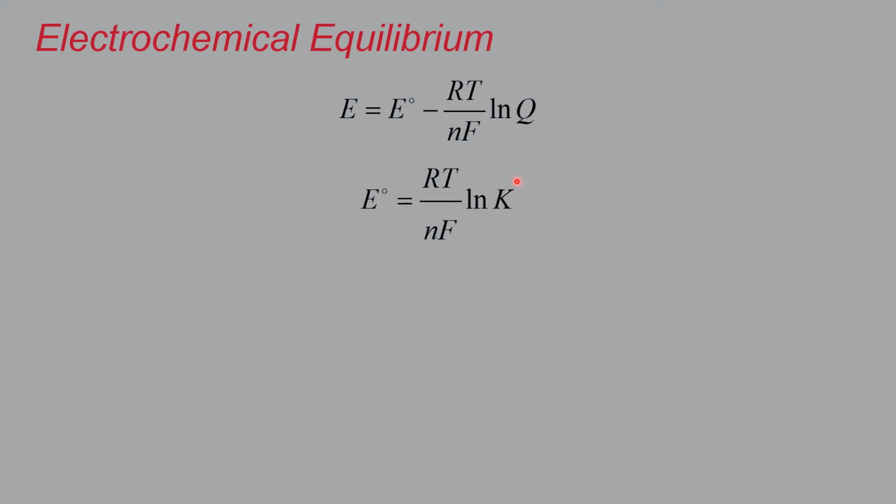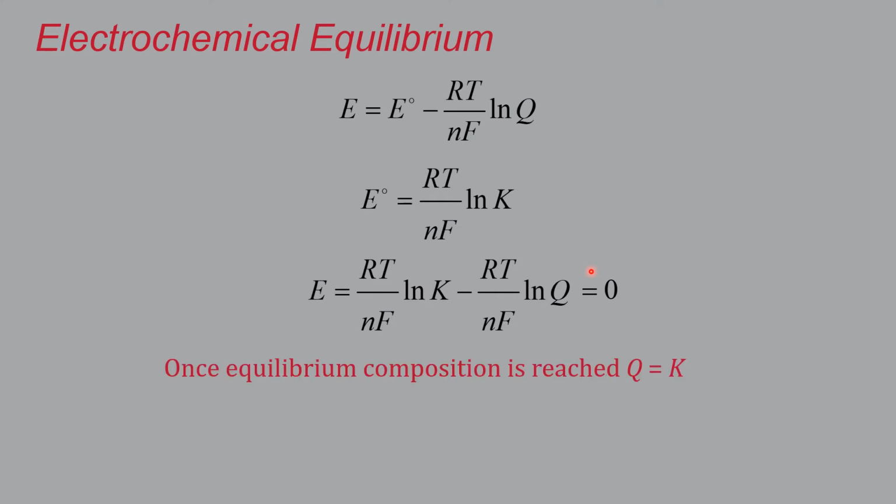So if we substitute this expression into our standard cell potential term here, we get this. The non-standard cell potential is equal to negative RT over nF natural log of K, minus RT over nF natural log of Q. And if you are at equilibrium, at this point, this is going to be equal to 0.